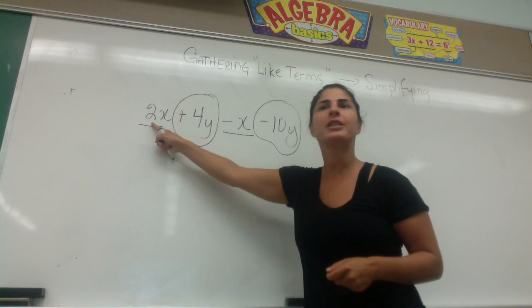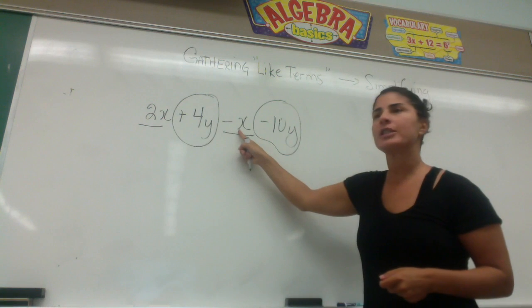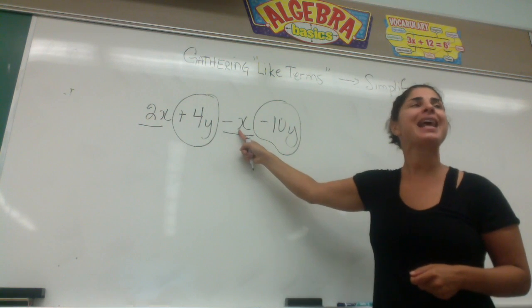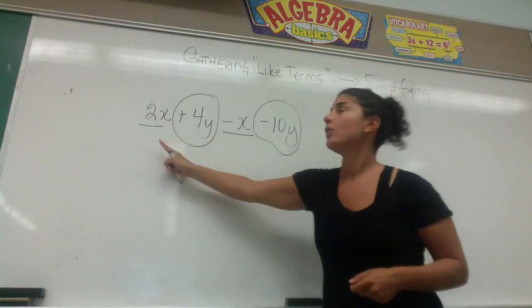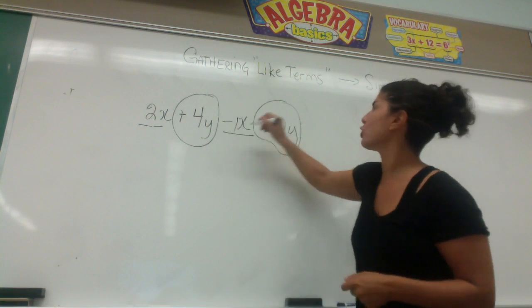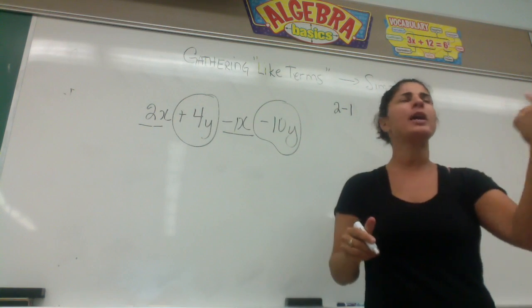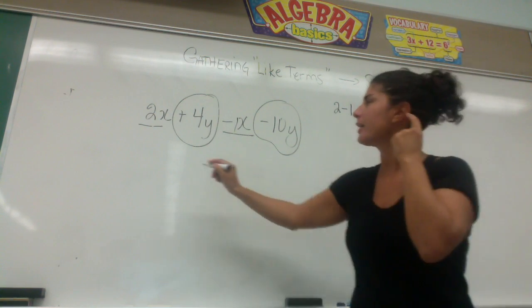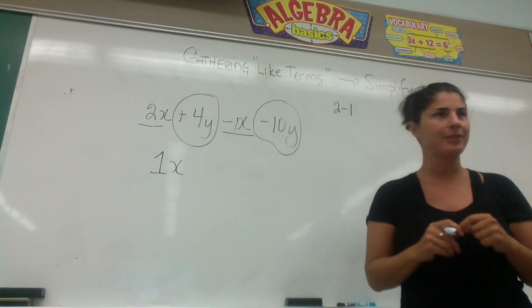The coefficient here is 2. What's the coefficient here? -1. Close. 2. -1. So what's 2 minus 1? 1. Do I have to write 1? No. Will I? Yes. 1x, just to make it clear for you guys that I had 1x left.